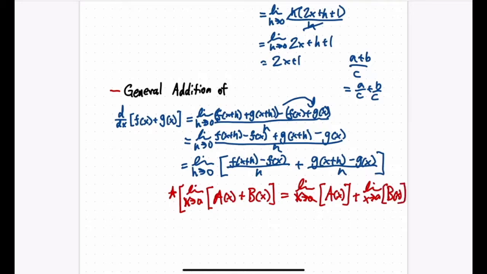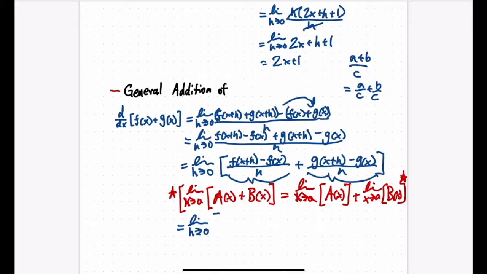So basically what this is saying is that the limit of the addition of two functions is the same as saying the addition of those two limits, which is a little bit confusing, but you can basically break it up and apply the limit to both halves of the addition evenly. So that's what we're going to do here. Because we have one function here and a second function here, we can break it up and apply the limit evenly to both sides.